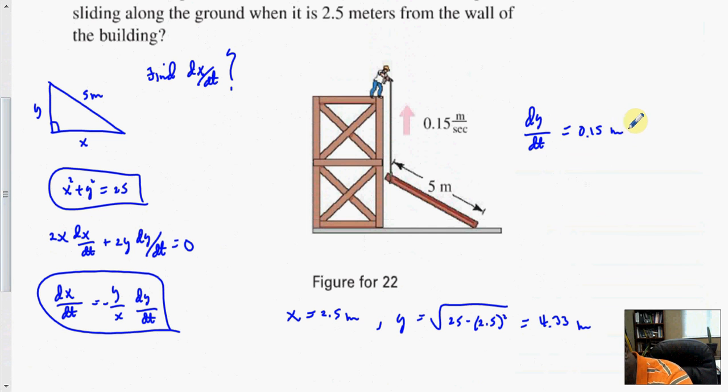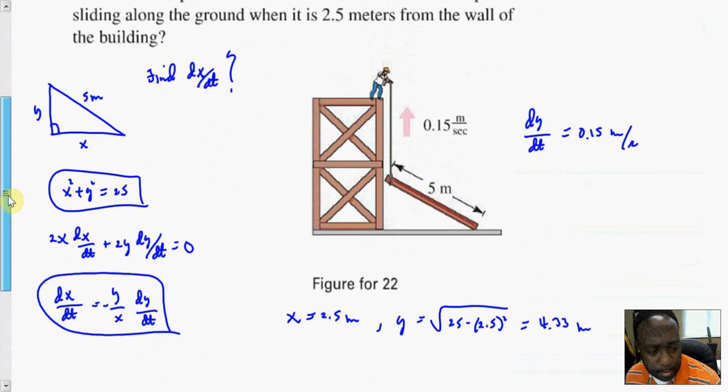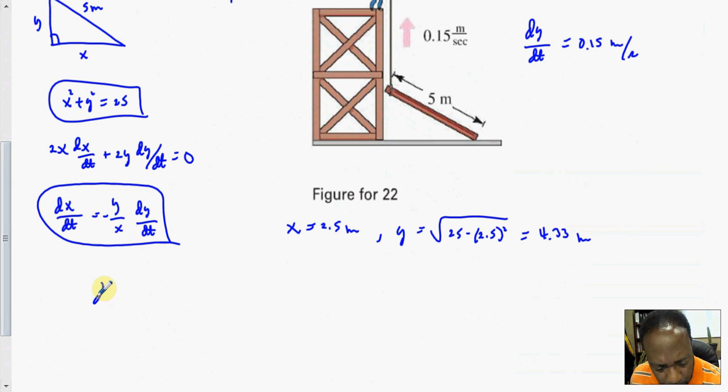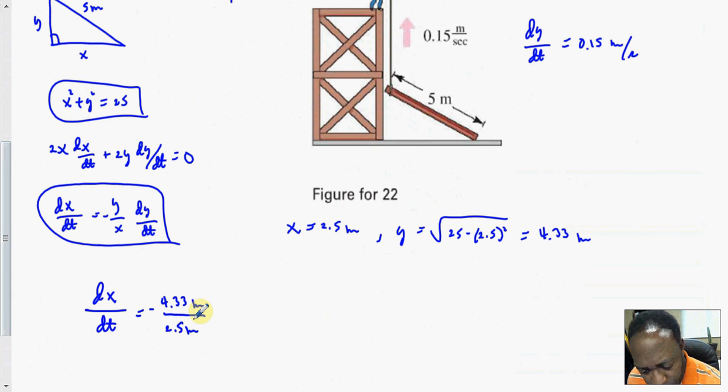So dx over dt is the negative y, which is 4.33 meters, divided by the x, 2.5 meters, times this rate dy over dt, and that was 0.15 meters per second.